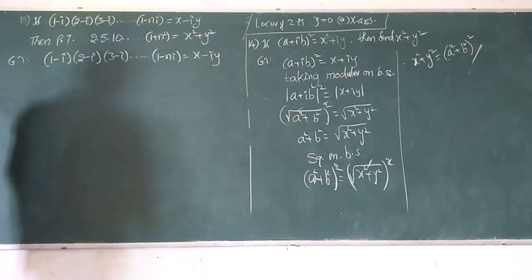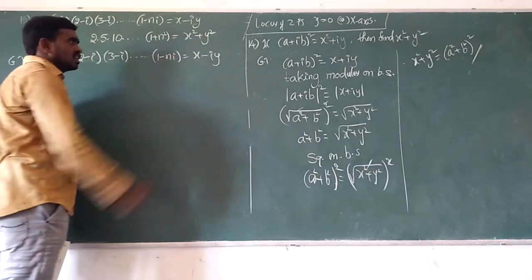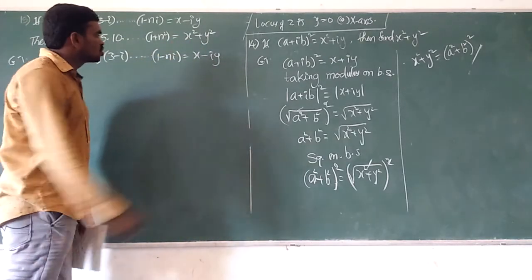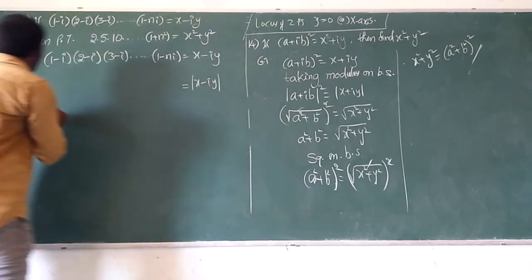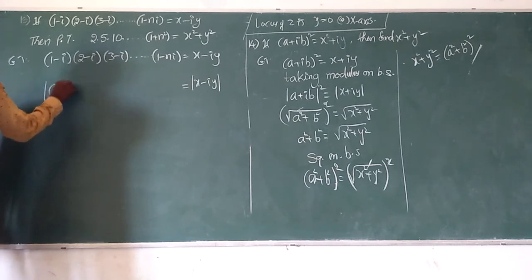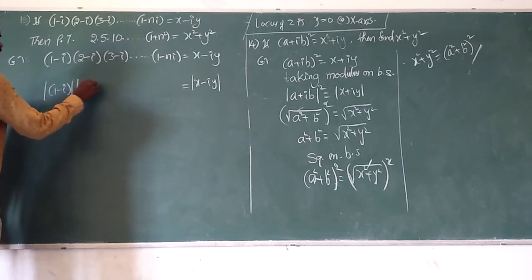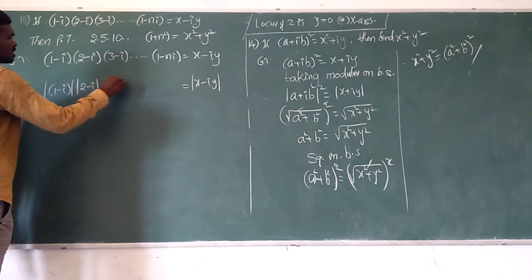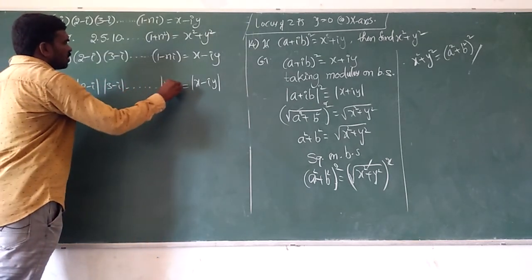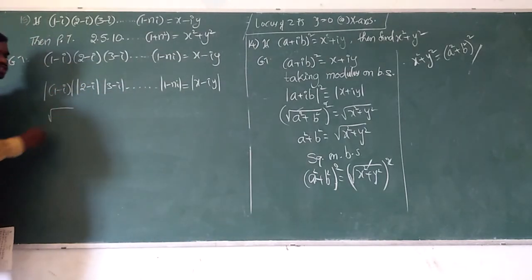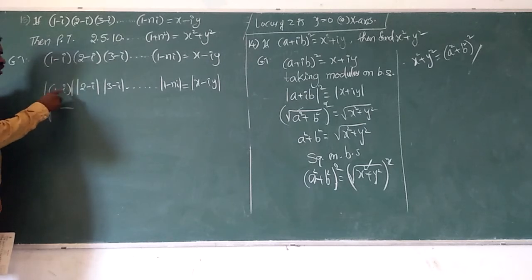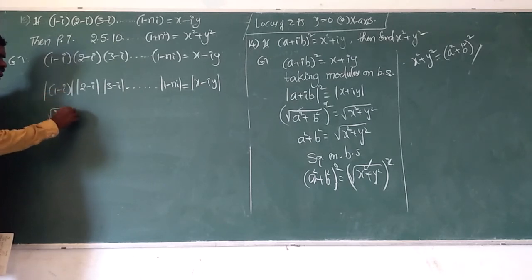Okay now? I think you understood how to get x square plus y square only by taking modulus. So taking modulus on both sides. Therefore modulus of x minus iy. And here also modulus of 1 minus i into modulus of 2 minus i into modulus of 3 minus i and so on, modulus of 1 minus ni. Okay now? Next simplify. Modulus of 1 minus i means what? Root of the real part 1 square, imaginary part is the i coefficient, minus 1, so plus minus 1 square.